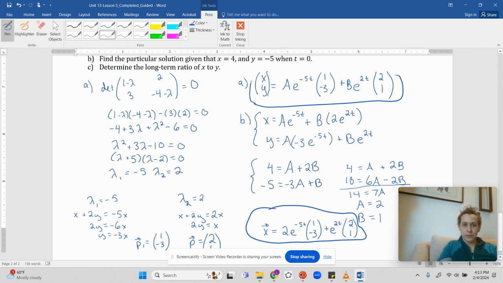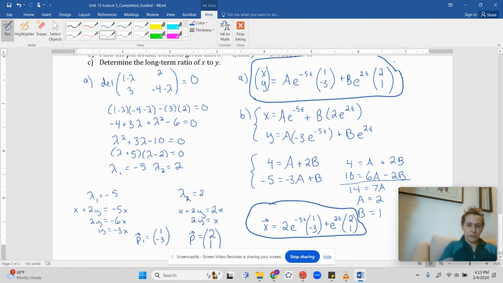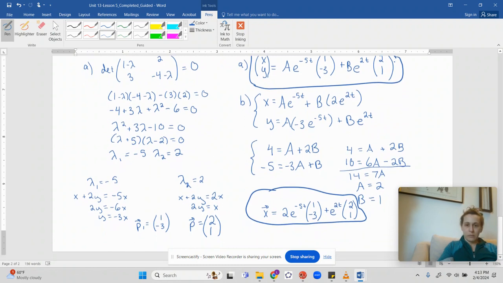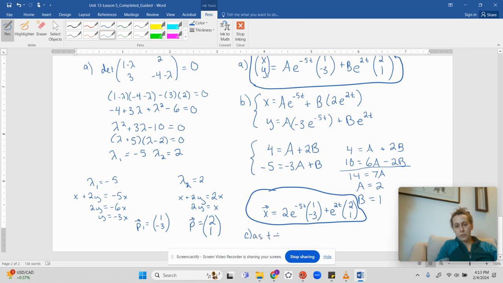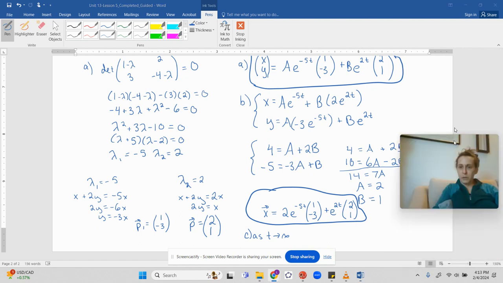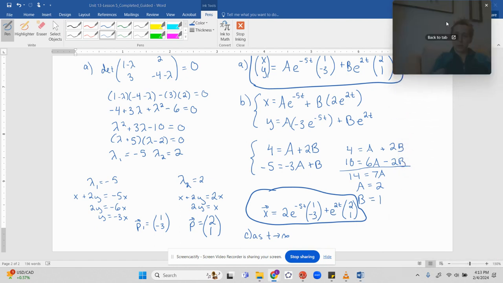Part C says find the long-term ratio of x to y. The long-term ratio of x to y. So we want to see as t gets larger and larger, as t goes to infinity, I'm running out of room.